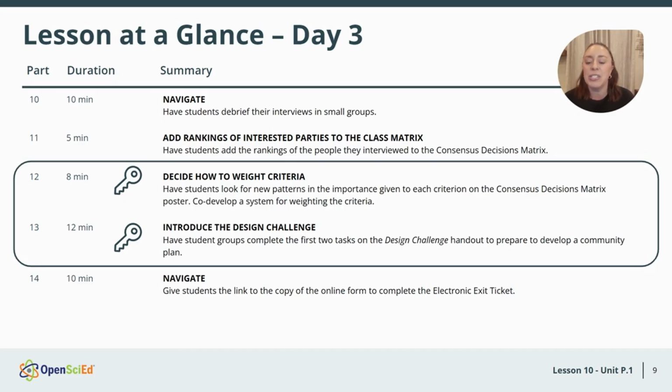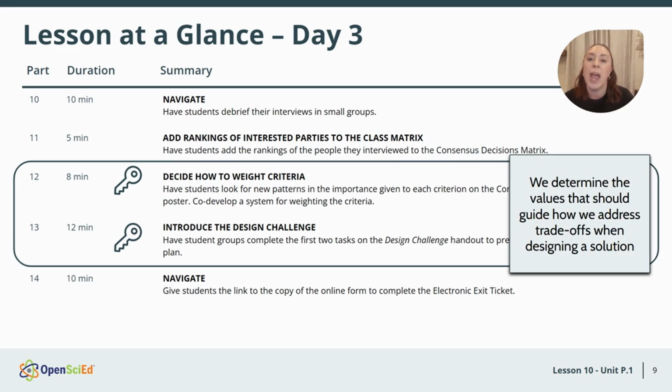And our next key sense-making opportunity here is deciding how we're going to actually use the feedback from members of the community and weigh our criteria on our decision matrix, as we're trying to determine the values that we should use as we assess our trade-offs and create our design challenge project, which will start here on day 3 of lesson 10. We'll get an intro to it, and then that will carry over into lesson 11.